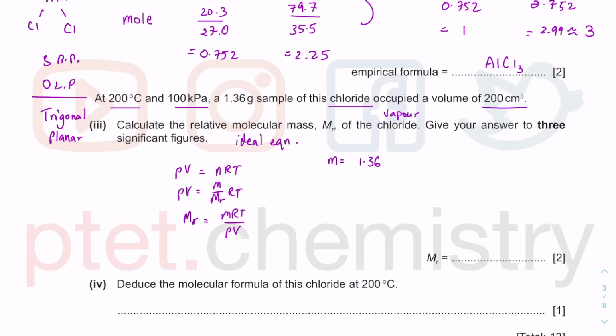I clarify everything on the side so that I'm not making any mistake when I key in my calculator. 8.31 joule per Kelvin per mole or joule per mole per Kelvin is stated in the data booklet, which of course now will be provided in the question paper itself from the 2022 syllabus onward. The temperature of the gas must be in Kelvin.